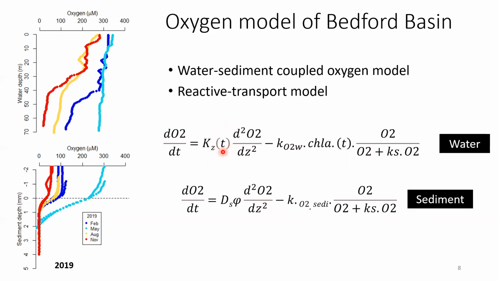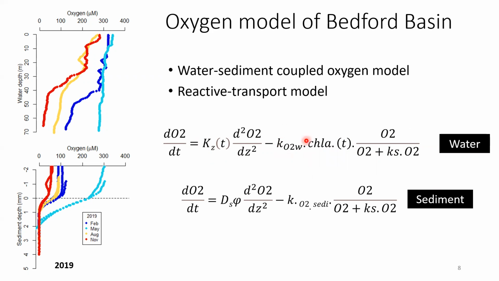Here kz is the eddy diffusivity, and we have some idea about it from previous work on Bedford Basin. And the consumption term we have set as a function of chlorophyll concentration, which varies with time and can be monitored easily, the surface chlorophyll concentration.